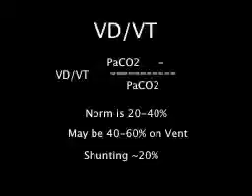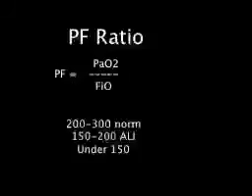Generally, a shunting of approximately 20% or greater is significant, and you may need to consider aggressive actions to treat patients that have shunts significantly higher than 20%. In some cases, mechanical ventilation and the application of PEEP, positive end expiratory pressure, is required for significant shunting.